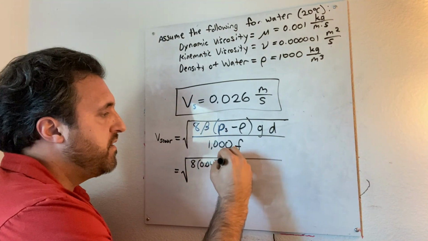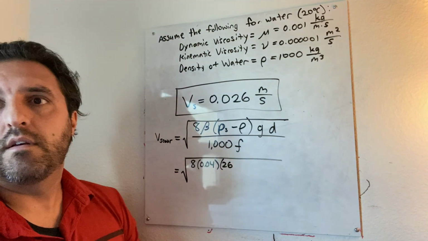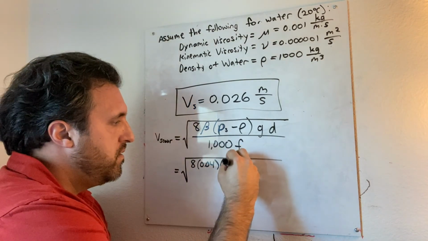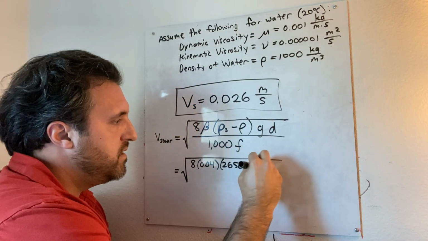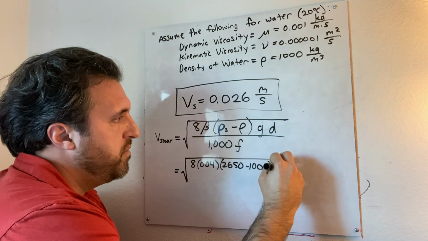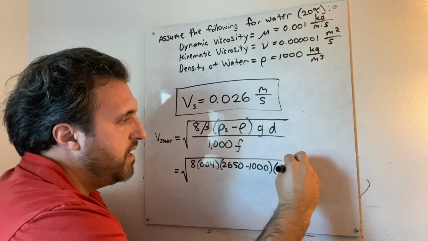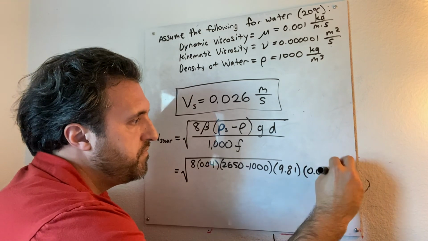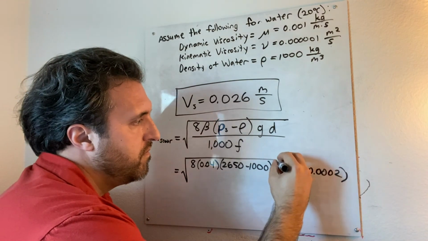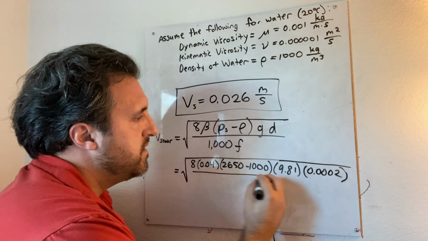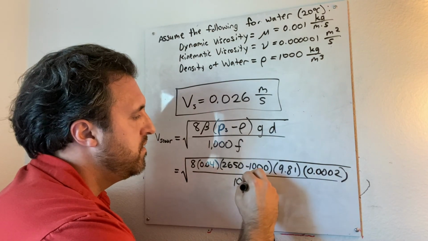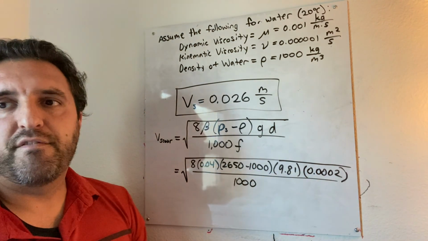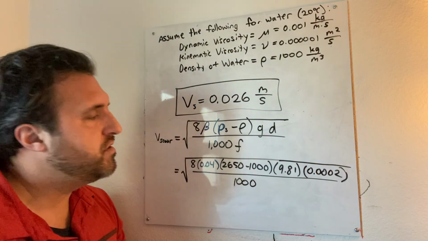All right, so here we've got 2650 minus 1000. Then we're multiplying that by the gravitational constant 9.81 times 0.0002. That whole thing gets divided by 1000 multiplied by F, which is usually within the range of 0.02 to 0.03.